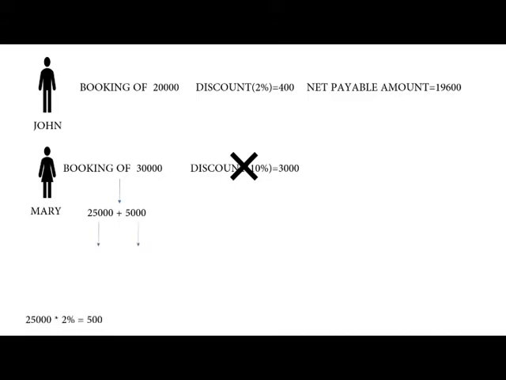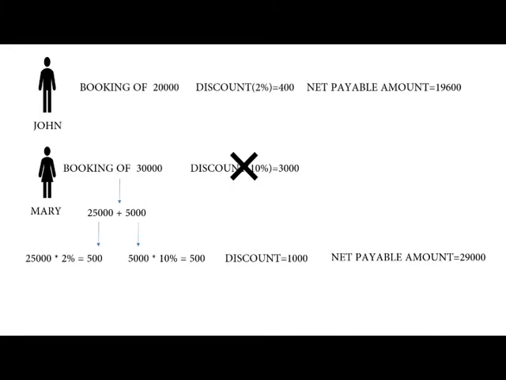This 25,000 will be given a discount of 2%, and on the remaining 5,000 we would apply 10% discount rate. Therefore, 2% of 25,000 will yield 500 and 10% on 5,000 will yield 500, and so the total discount that Mary would get is 500 plus 500, that is 1,000 and not 3,000 which we initially thought.